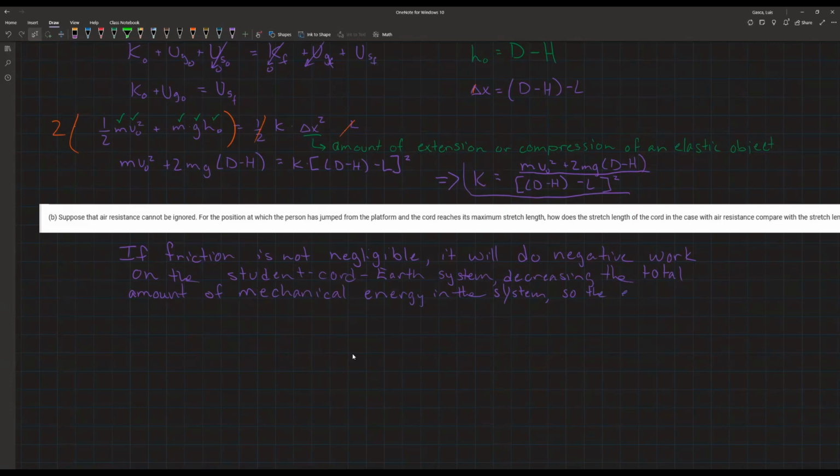So the energy stored in the spring or in the cord, this elastic potential energy, at the end will be less, causing stretch length to be less.